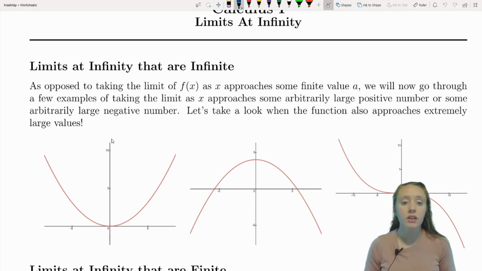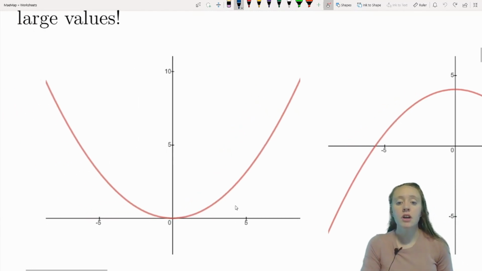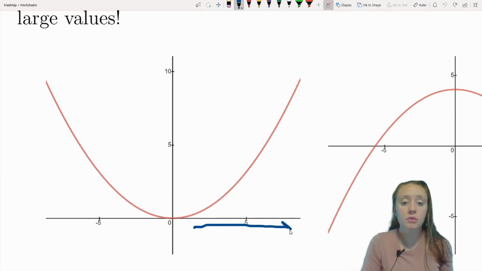So let's take a look when the functions also approach infinity or negative infinity as x approaches infinity or negative infinity. So zooming in here, you can see that as x approaches positive infinity, that means x continues on towards the right for our graph.